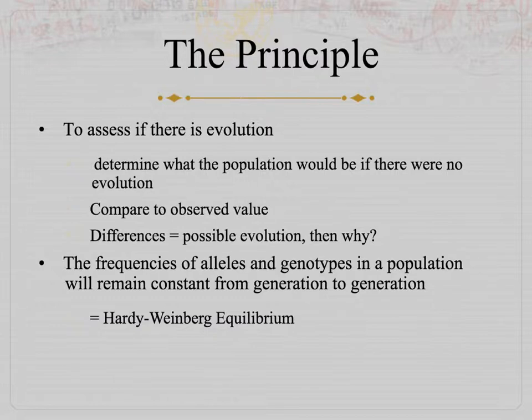And if there are differences, then we know that there's possible evolution. And then we can ask why. What is happening that's causing evolution? The frequency of alleles and genotypes in a population will remain constant from generation to generation if those 5 conditions are met that we'll talk about in just a minute.